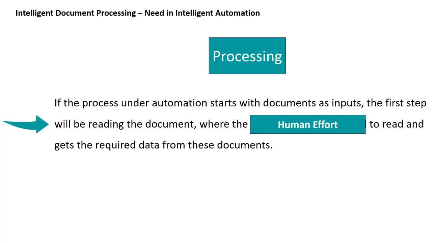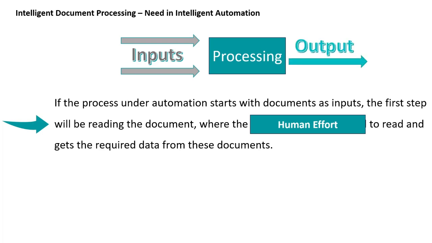The inputs should be in some format. It cannot be that one is in one format, another is in another, and there are n number of formats available. And it will process them into a certain output, which will be in some standard format.